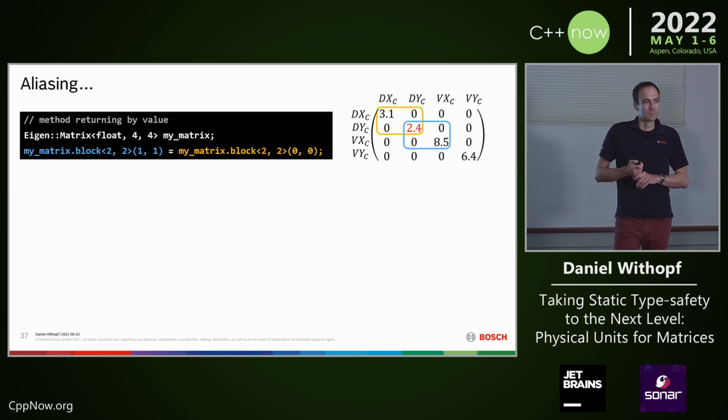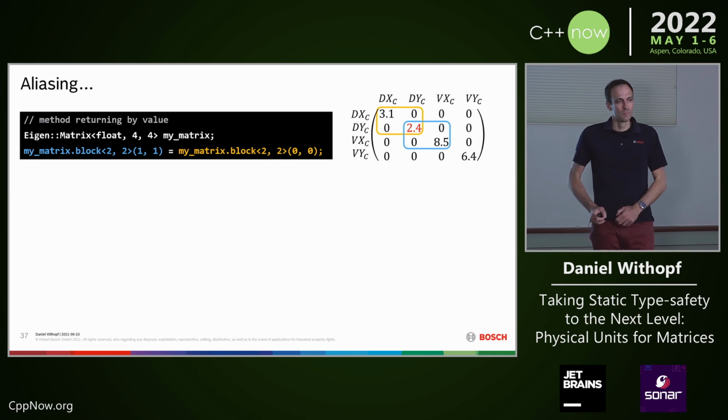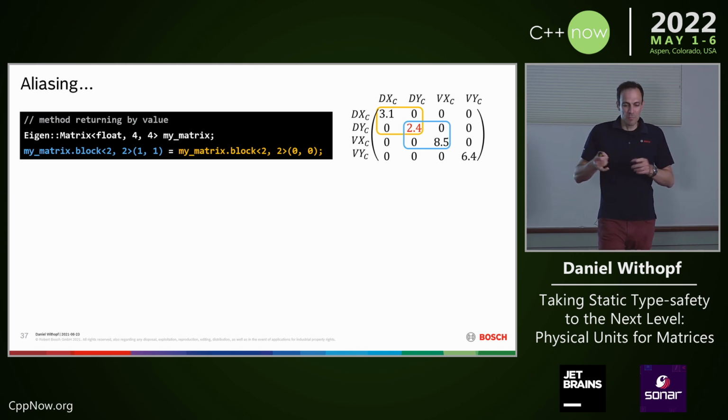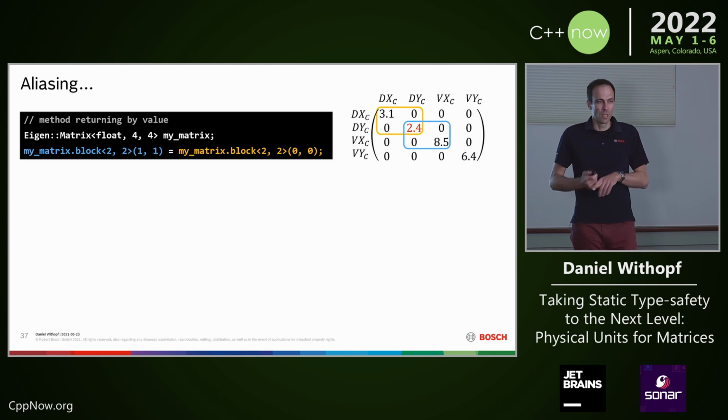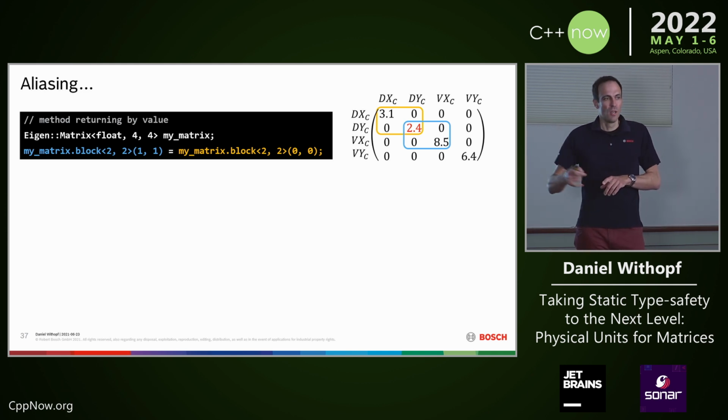If they were of the same types, you would actually be allowed to assign a small matrix into the middle of a larger matrix if they align? Yeah, the comment was if the types match up, you would be able to assign a small matrix into a bigger matrix. Yes, of course, this is possible. That's a block operation. Just like with any linear algebra library, you can simply assign a subblock.